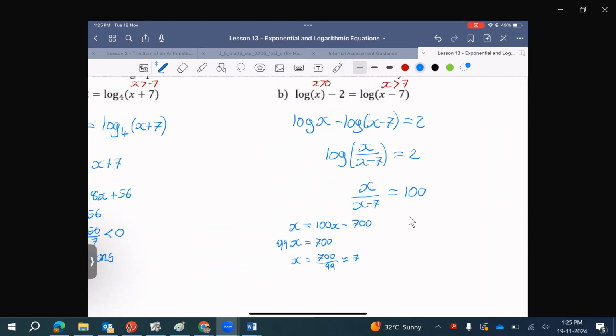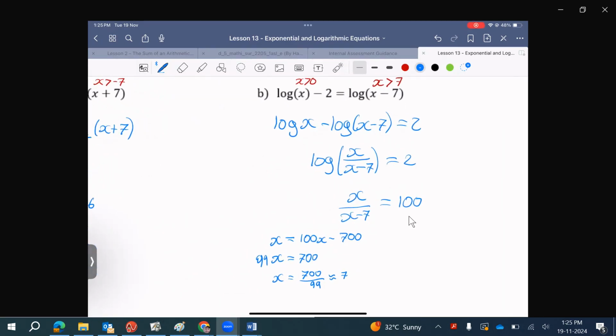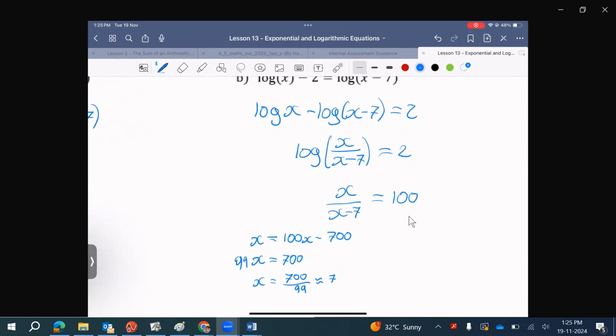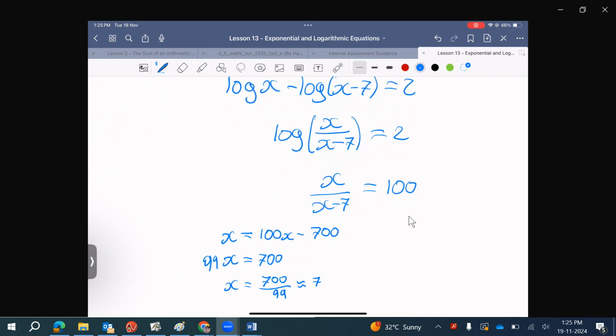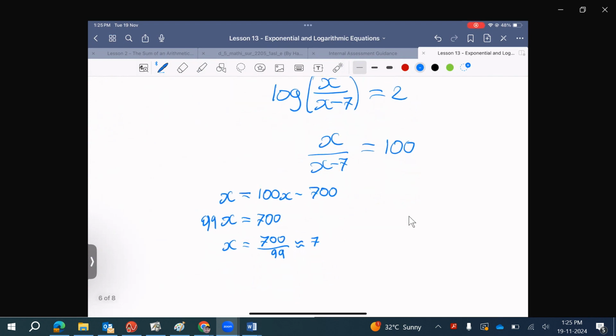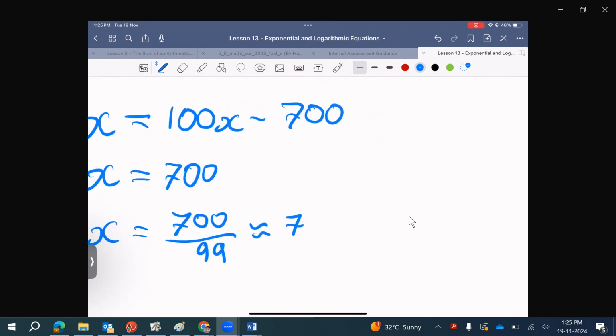Compared to our domain. So when I say it's roughly 7, is it bigger than 7? Yes, it is. Just a little bigger than 7. If this denominator was 100, it would be 7. If it was 101, it would be less than 7. And at 99, it's just more than 7.